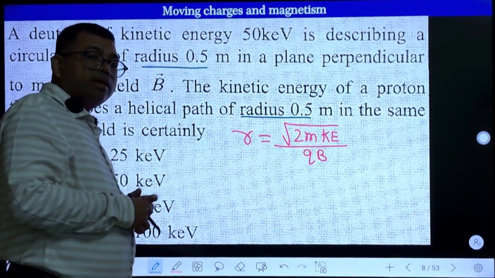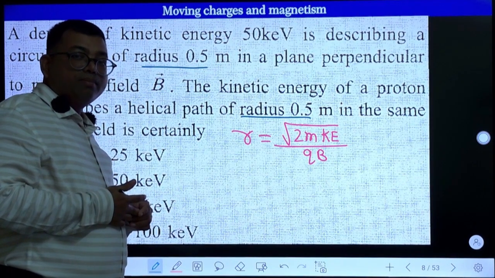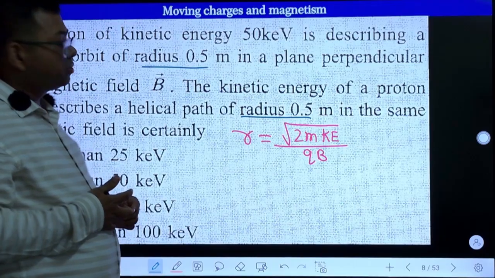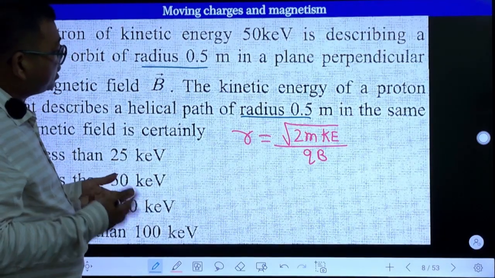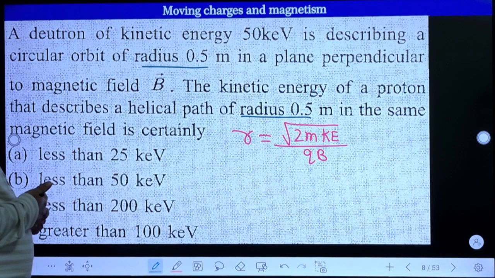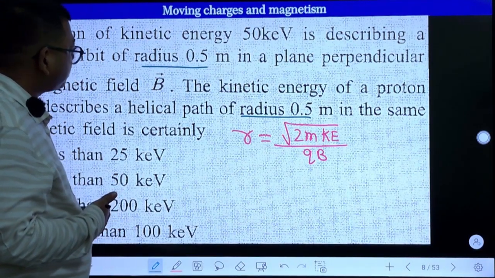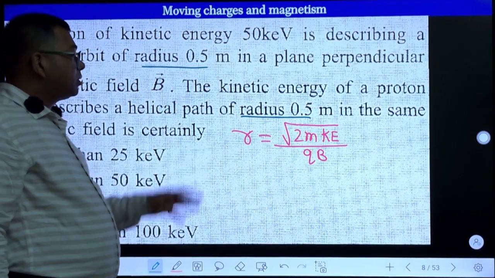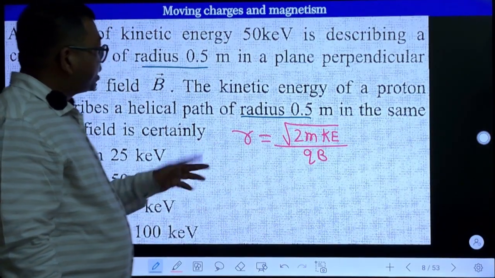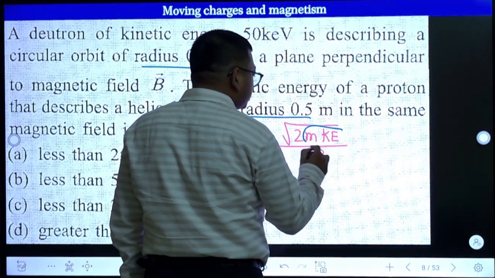Deuteron is like a proton only, the charge is the same, but it has double the mass of a proton. Now we are taking the kinetic energy of the proton. The radius is constant, the charges of proton and deuteron are the same, and the magnetic field is also the same.